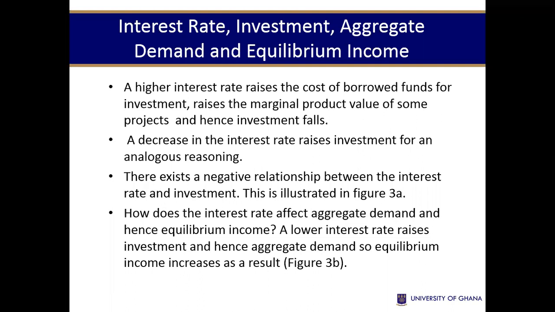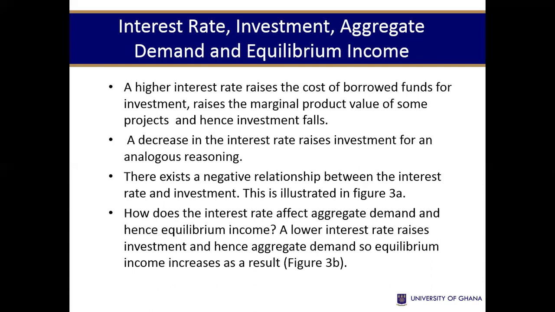And whenever there's an increase in interest rate, there's a reduction in investment, which means there's an inverse relationship between aggregate demand and interest rate. With a higher interest rate, we tend to invest less, which will cause a fall in aggregate demand.